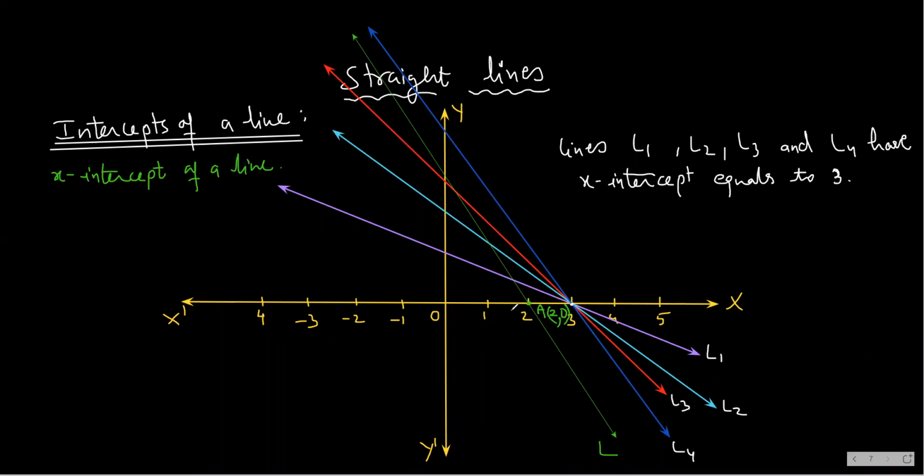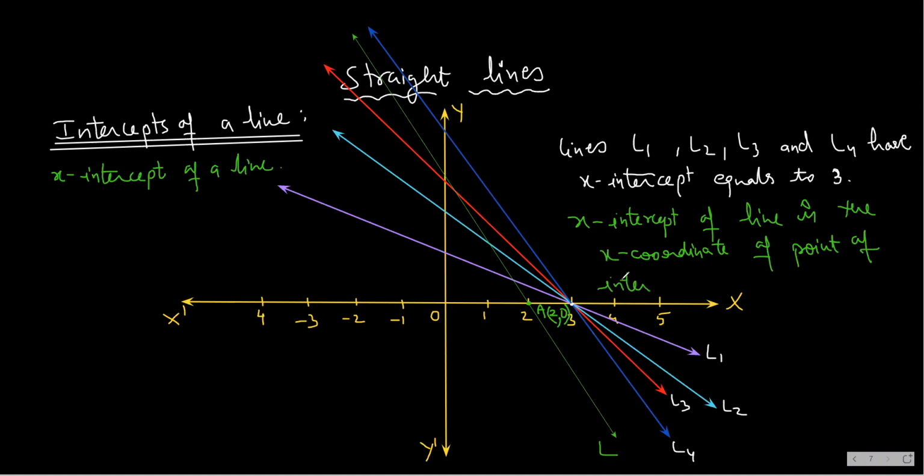So now I can have the definition. See, how do I define? I write: x-intercept of a line is the x-coordinate of the point of intersection of line with x-axis.